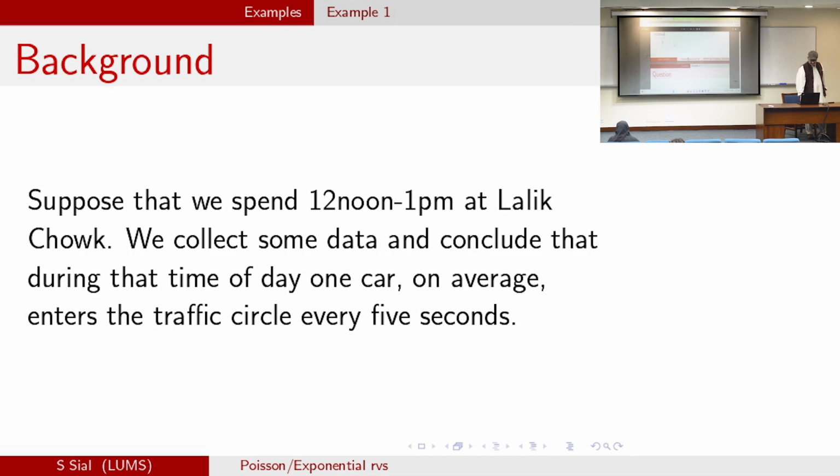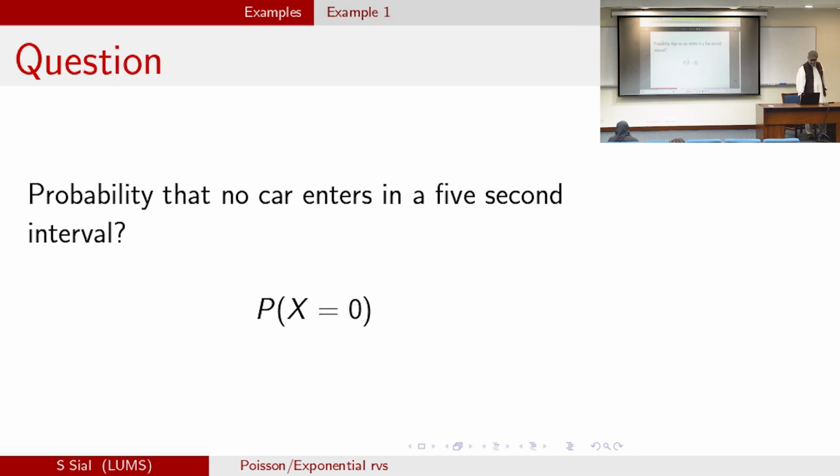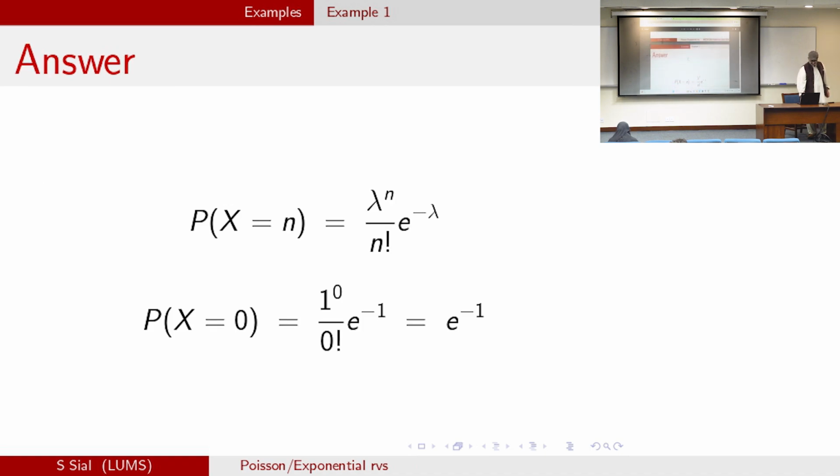What's the probability that no car enters in some given 5-second interval? We say, all right, that's the probability that X takes the value 0. Remind you of the general formula.